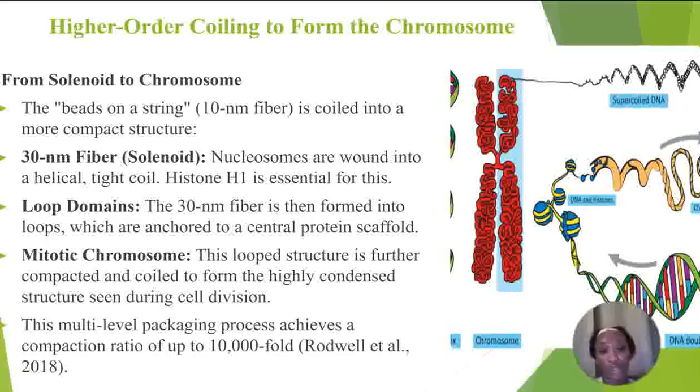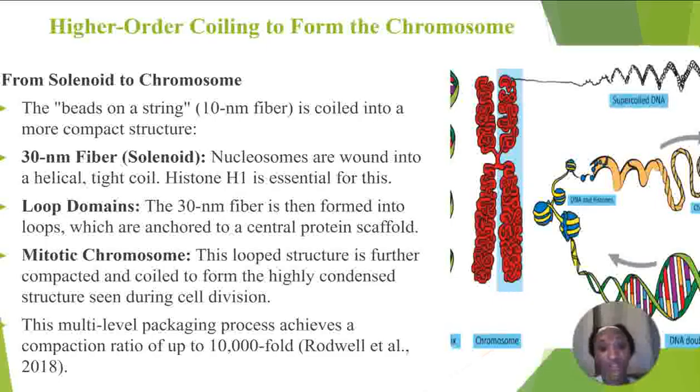So we are now going to talk about the higher order coiling to form the chromosome. So from solenoid to chromosome, the beads on the string are coiled into a more compact structure. The solenoid are nucleosomes that are wound into a tight helical coil. Histone H1 is the most essential for this. Loop domains: the 30 nm fiber is then formed into loops which are anchored to a central protein scaffold.